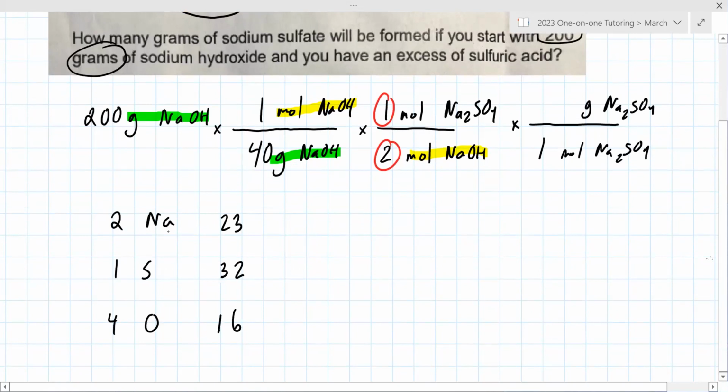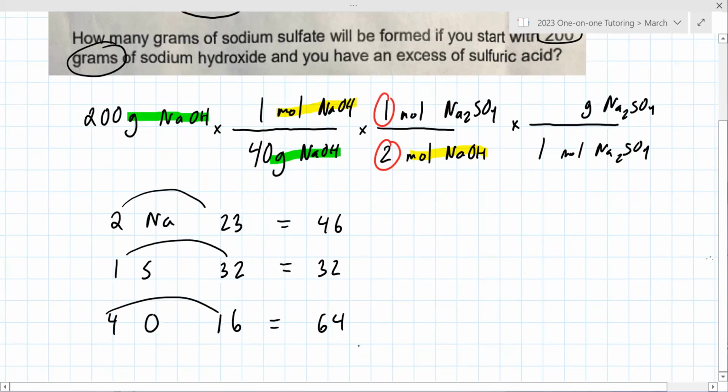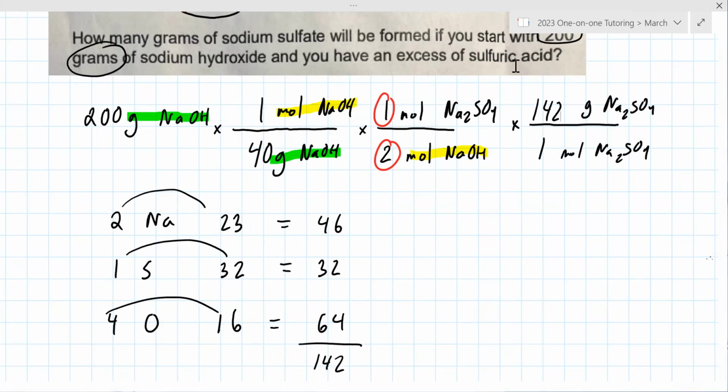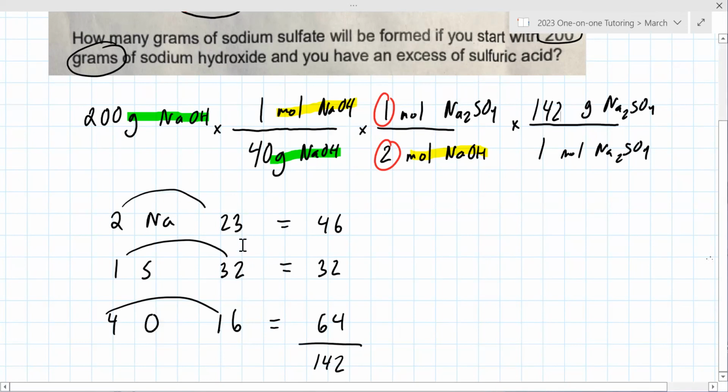So you just multiply, so that's 46, 32, and 64. Add those up and you get 142 grams. If it's not clear where those numbers are coming from, I can pull up the periodic table and show you, but it's the molar mass in the periodic table.